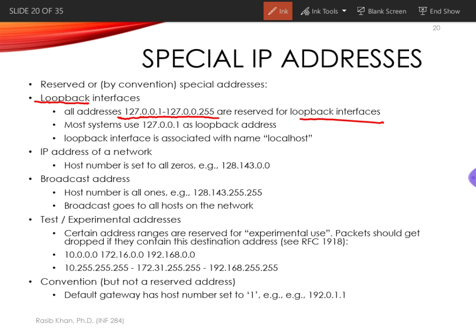And a loopback address is basically the address that you use to refer to your own interface. So if I'm trying to send a message to myself, I can use a loopback interface address, most commonly 127.0.0.1, and this would send the message right back into my network interface.